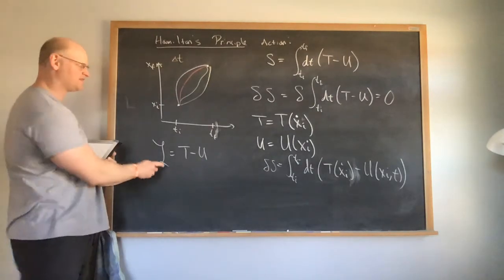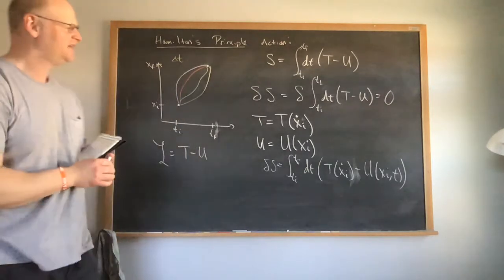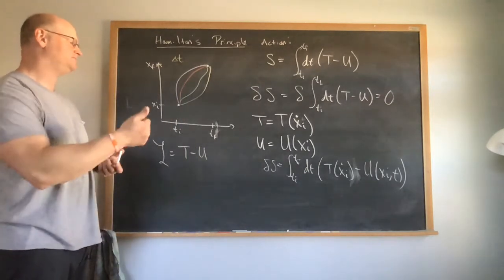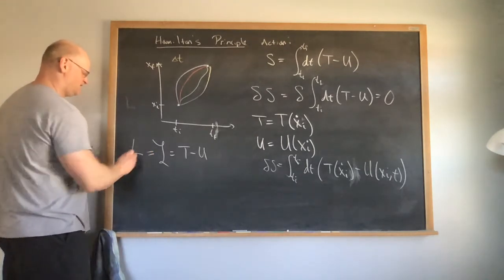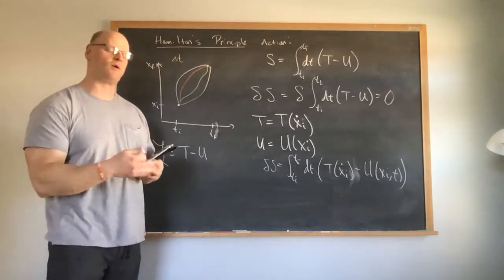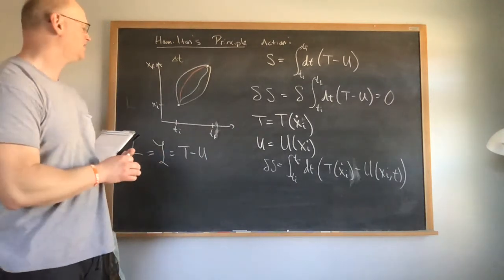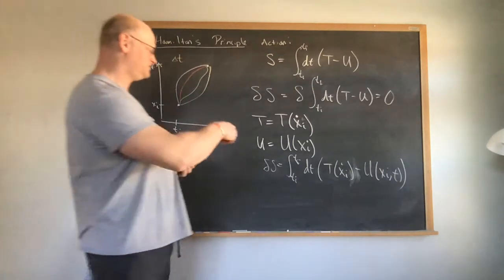But that distinction is pretty much only used in something like quantum field theory, not in classical mechanics, where these two things are the same. It just depends on how the author wants to write it. So let's go back to here.